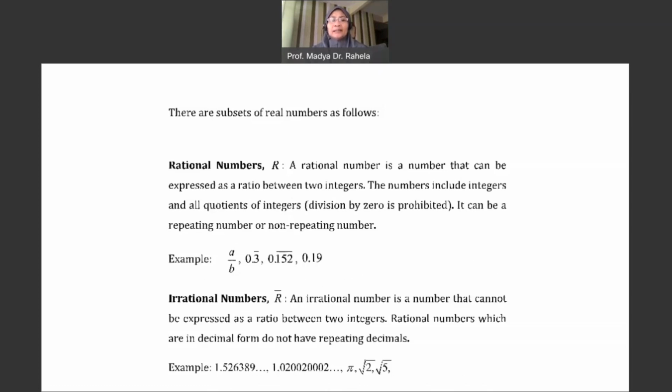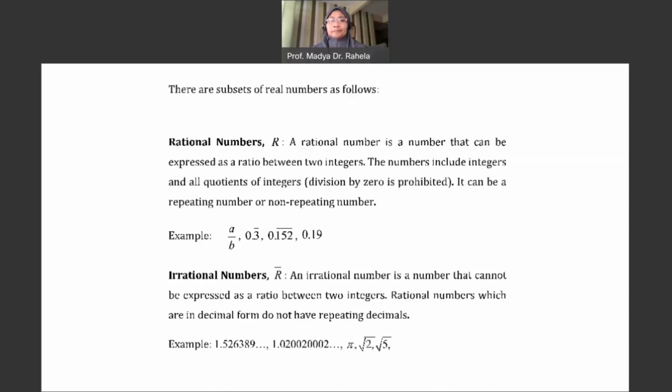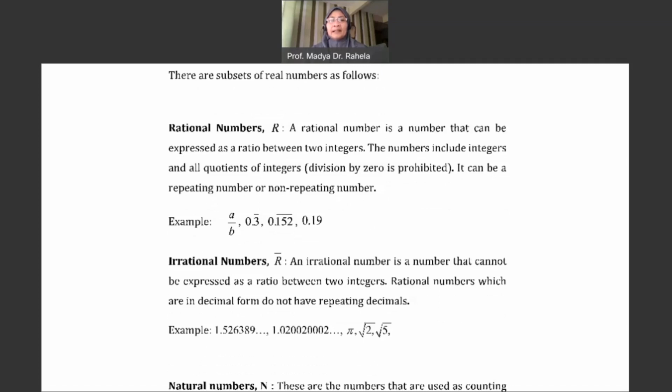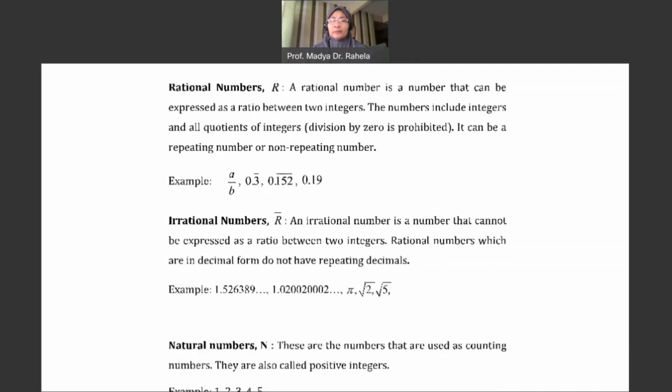Next, what are irrational numbers? Irrational numbers are numbers that cannot be expressed as a ratio between two integers. The irrational numbers in decimal form do not have a repeating decimal. For example, 1.5263589 dot dot dot.